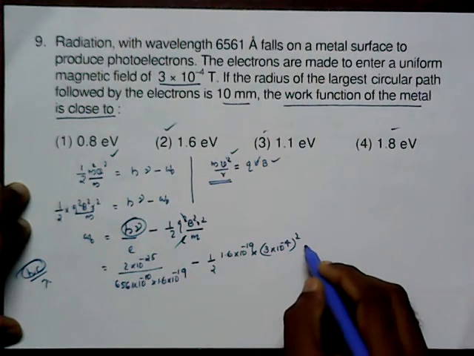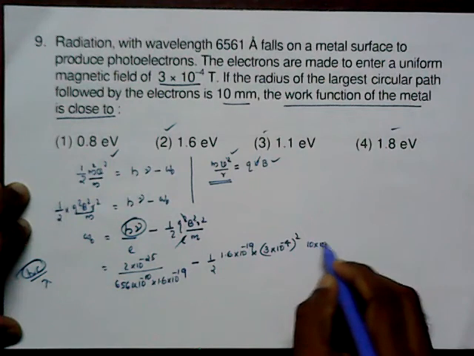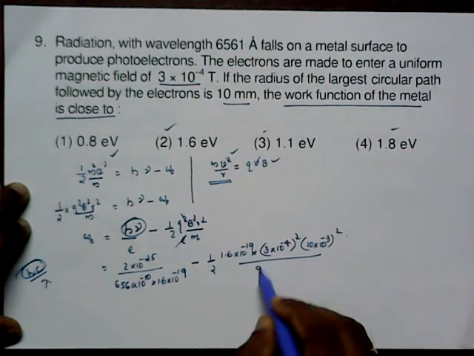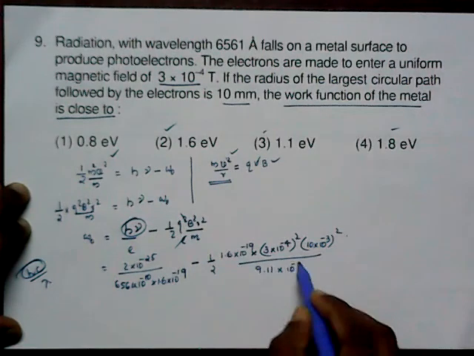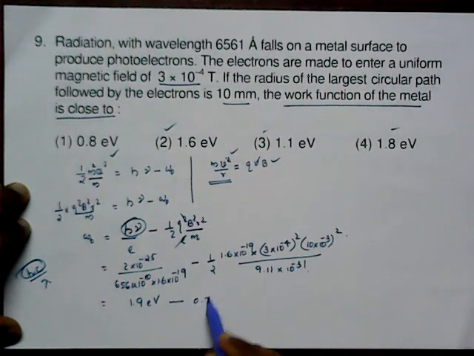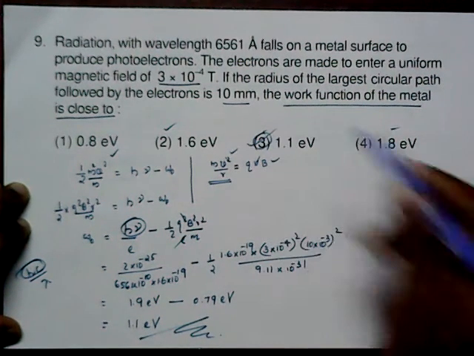So 10 millimeter is nothing but equal to 10 into 10 raised to minus 3, that much square, divided by 9.11 into 10 raised to minus 31. You get the value as 1.9 electron volt minus 0.79 electron volt, and you get the value equal to 1.1 electron volt. So 3 is the answer.